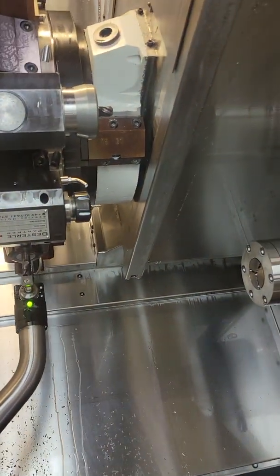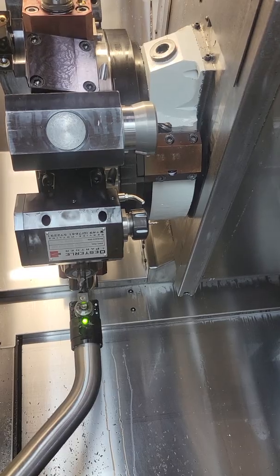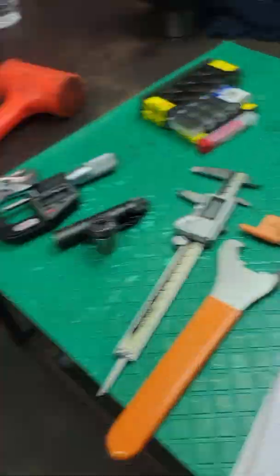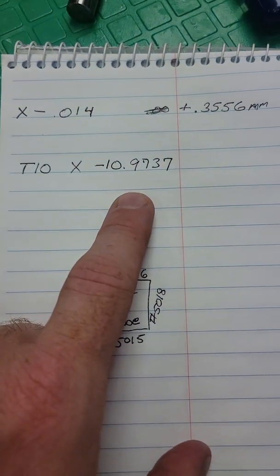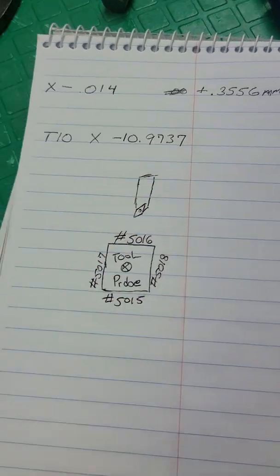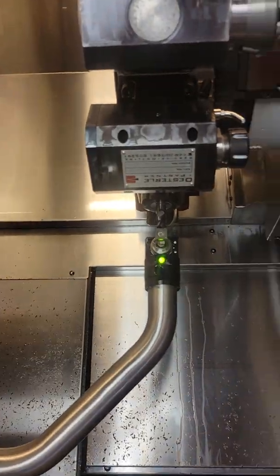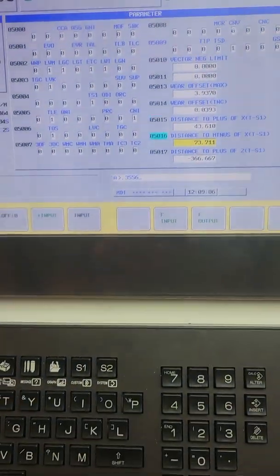Well, actually, before I did that, I went ahead and I touched the tool off the way that I have been before I changed anything. So I touched the tool off, and then I wrote the number down, what was put in the geometry from that, right? So I touched the tool off, and then I changed the parameter.